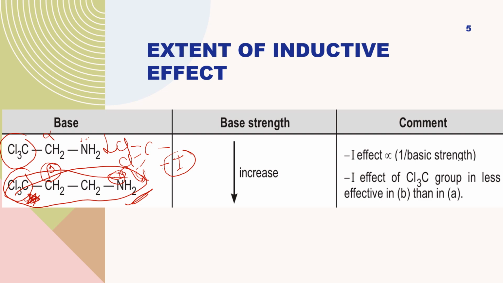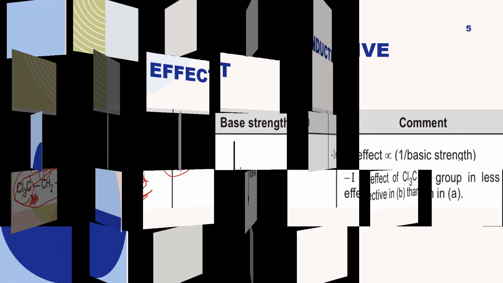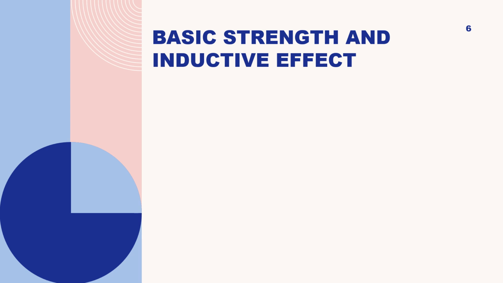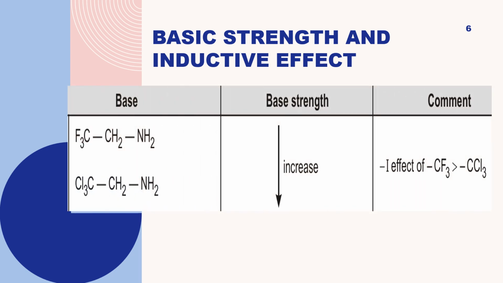Next is basic strength and inductive effect. As we know, CF3 and CCl3 both have a minus I effect. But fluorine is more electronegative. That's why CF3 has a minus I effect more than CCl3, and due to its minus I effect, it decreases the electron density on the nitrogen atom.